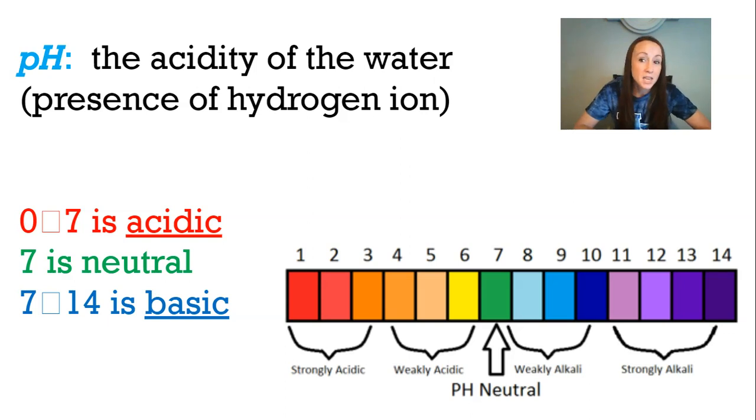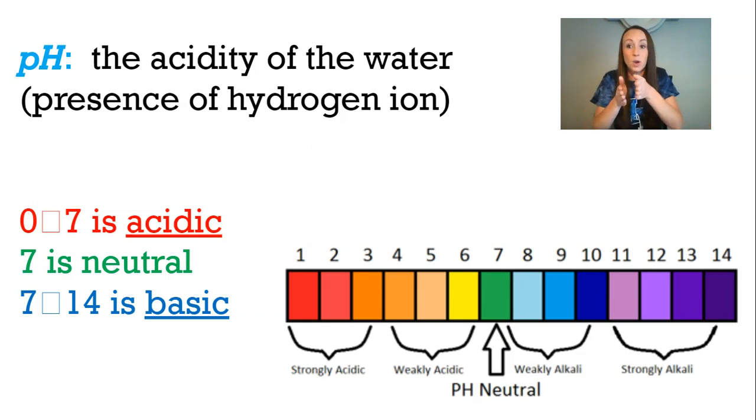When we talk about pH, we're talking about the acidity of the water. It stands for the presence of hydrogen ions, but don't worry about all that. We're looking at the acidity on a scale of numbers 1 through 14. I got the scale pictured for you at the bottom of the screen. You'll notice in the middle, 7, that green color, that's considered neutral.